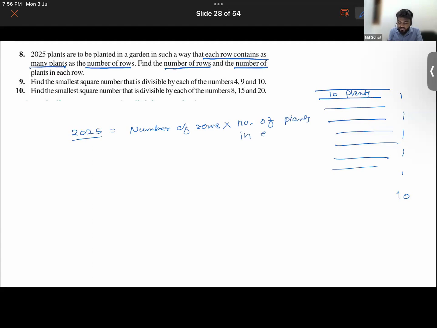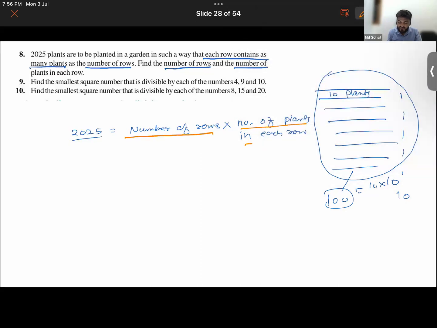For example, take this case where there are 10 rows and 10 plants are planted in each row. So the total number of plants was how much? It was 100, that is 10 multiplied by 10. Same is the case here as well. Number of rows multiplied by number of plants will give you 2,025 plants.